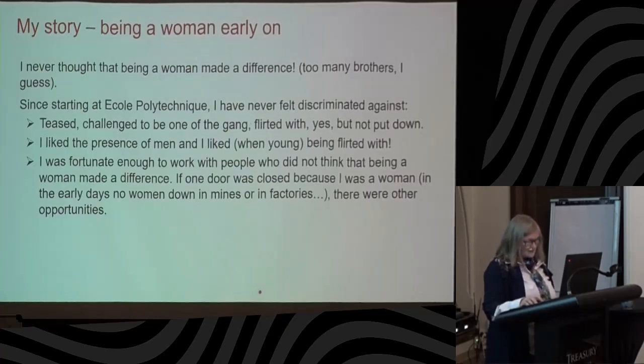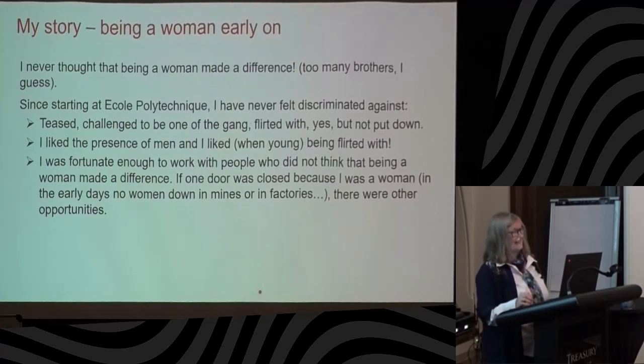I was teased, challenged to be one of the gang, flirted with, but I was never put down. I like the presence of men, and I liked, when younger, being flirted with. So I was fortunate enough to work with people who did not think that being a woman made a difference.